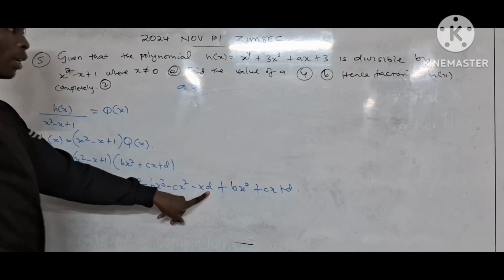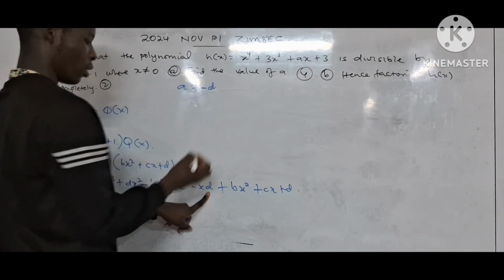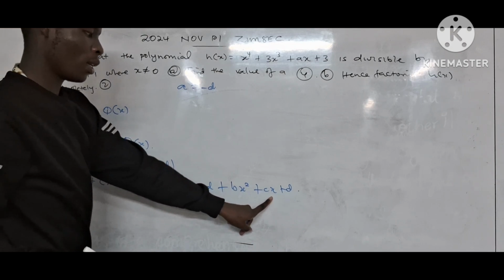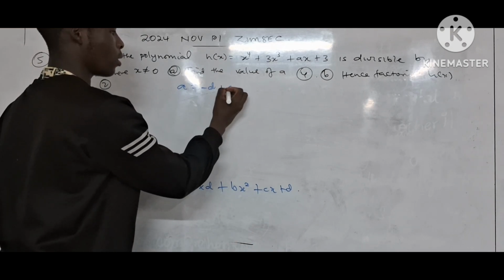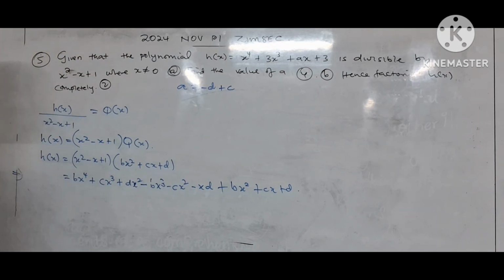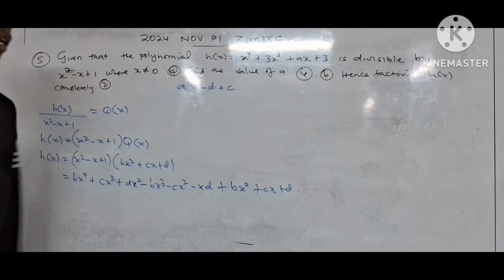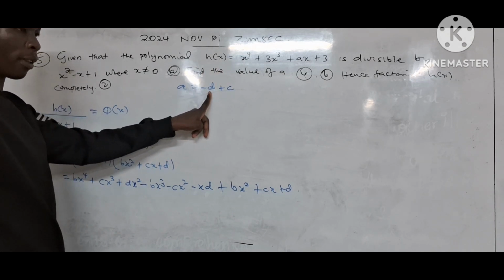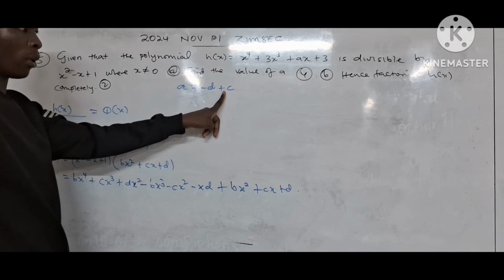Here I have negative d, and this is plus c. Here we also have d as the constant. So we are supposed to find the value of d and c now.